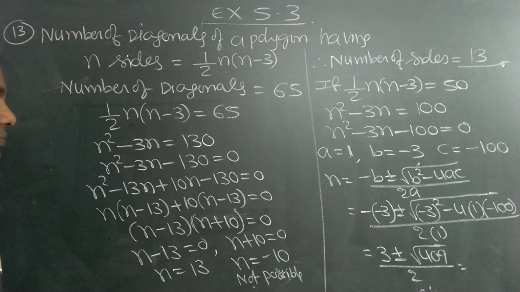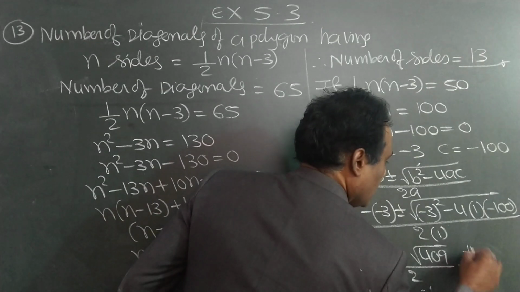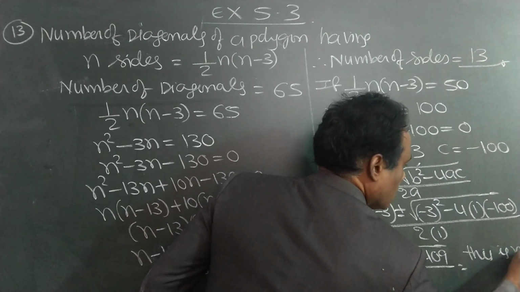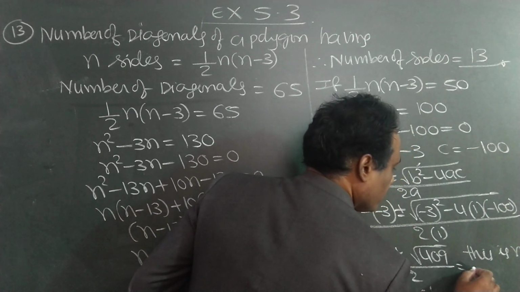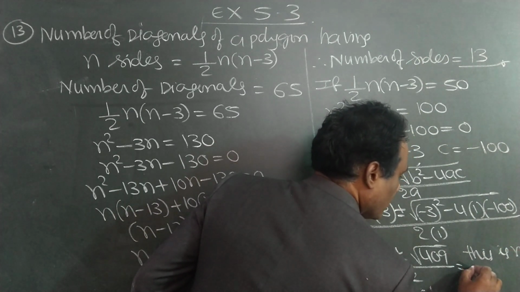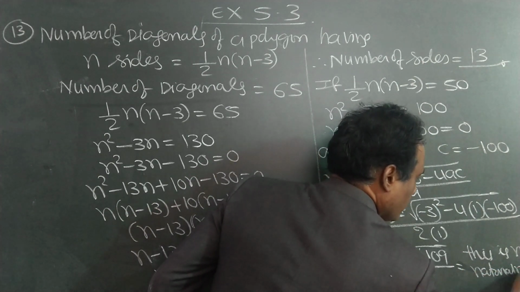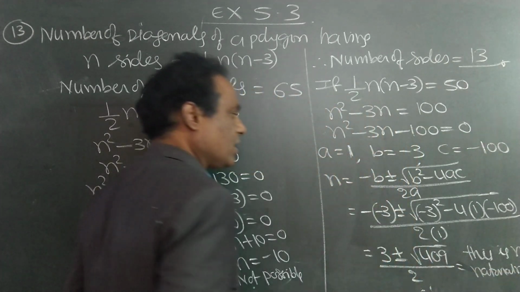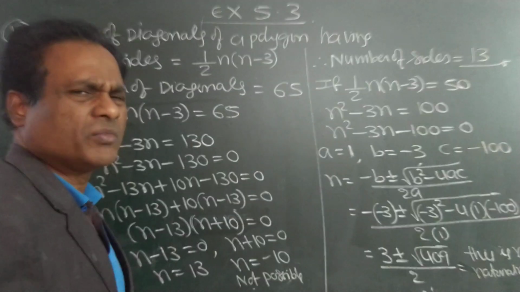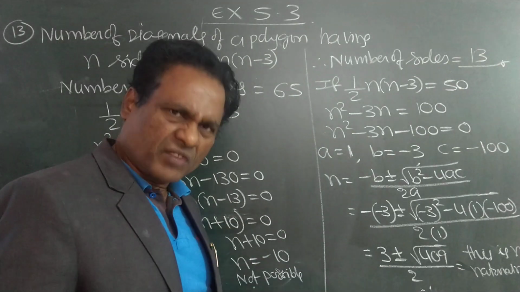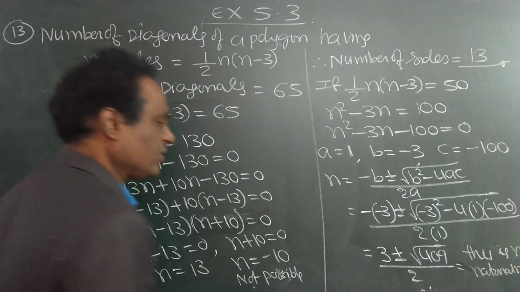Write down, students. This is not a natural number. It should be a natural number, something like 4, 5, 6. We are not getting a natural number. We are getting a fraction. This is not a natural number.